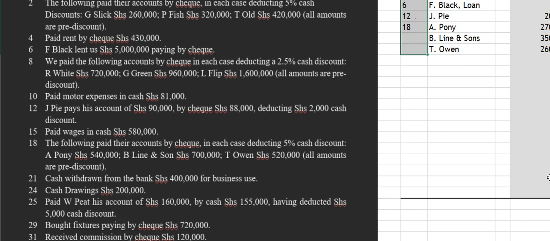Now in accounting, we have what we call a contra.